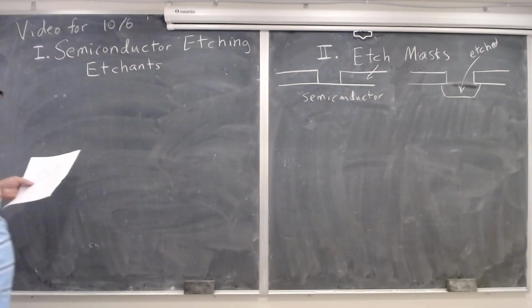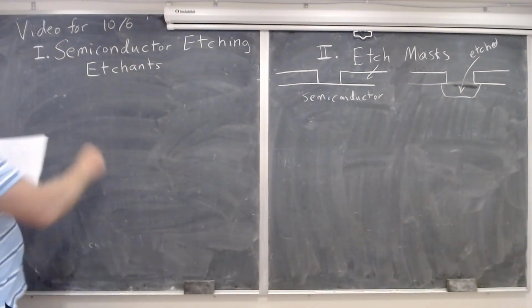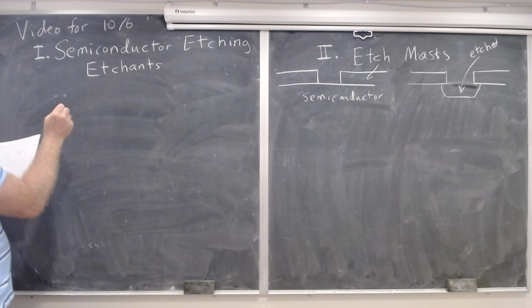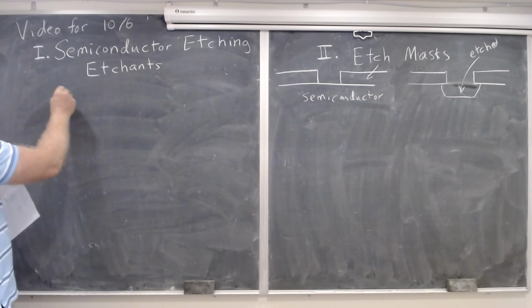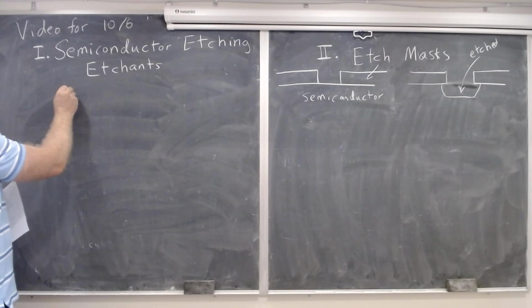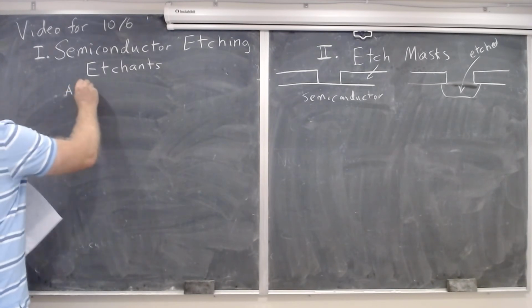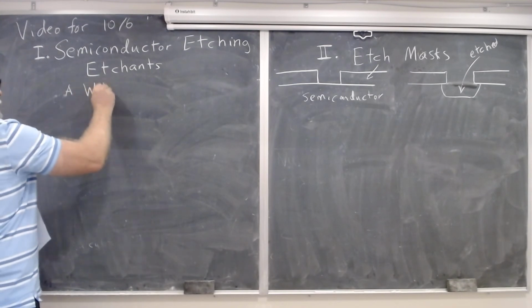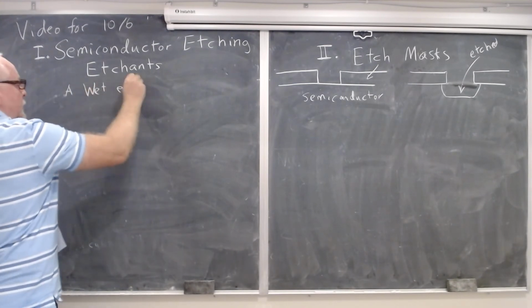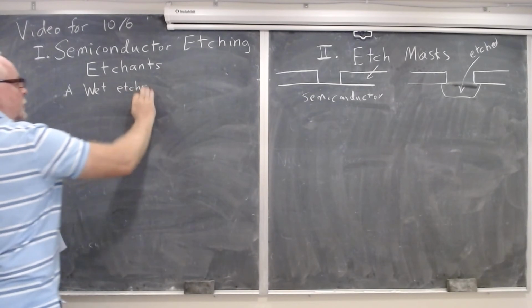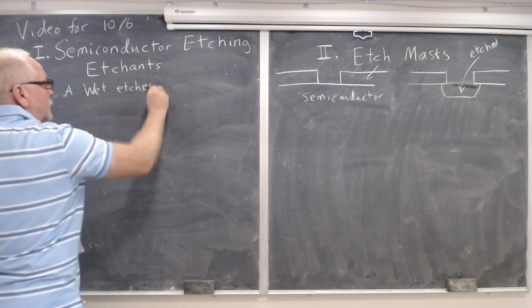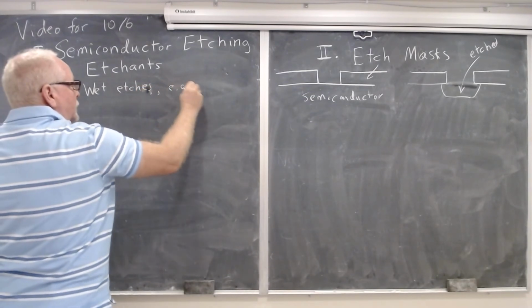Now, semiconductor etches, and there's basically 3 types, kind of. So we'll do A, wet etches. For example, acids.